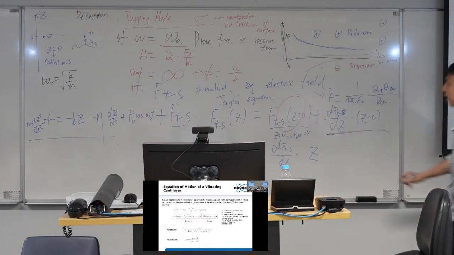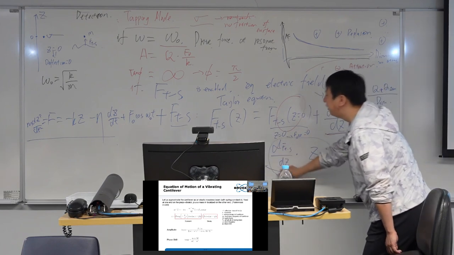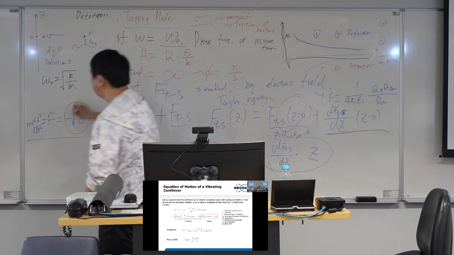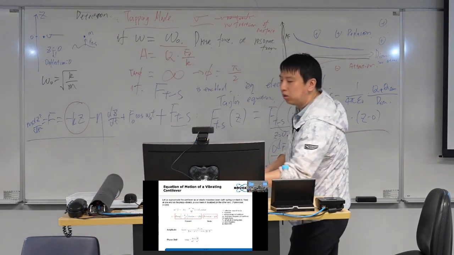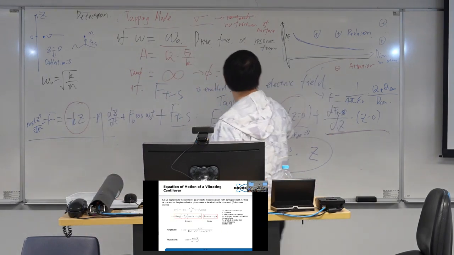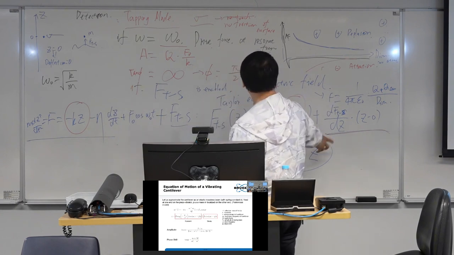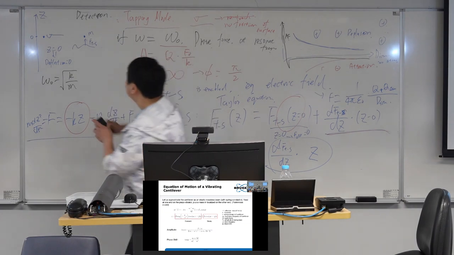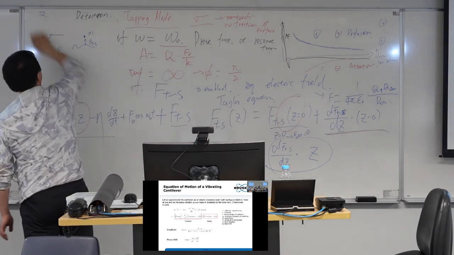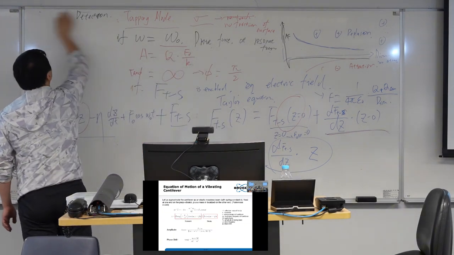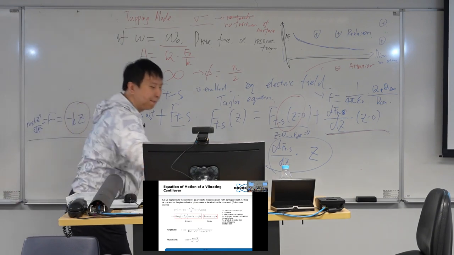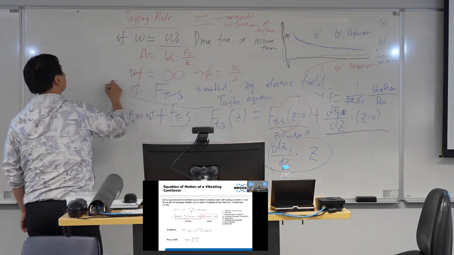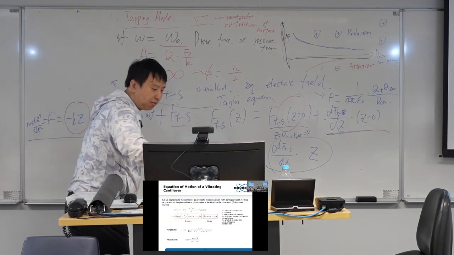Okay, we find this term is similar to this term. So we can combine them together. Let me combine them together. I will put the combination here.